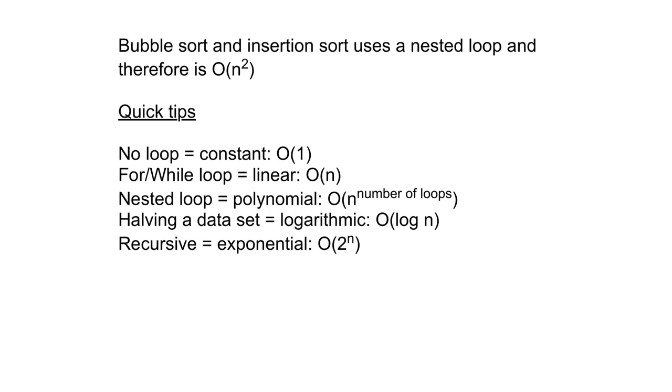If you've got a loop inside a loop, which we called nested loops, then it's polynomial, or O(n) to the power of the number of loops. If you're halving a data set, then it's logarithmic, or O(log n). And if you've got a recursive function, look to see if it calls itself twice, such as a Fibonacci sequence, in which case it's going to be exponential, or O(2^n).